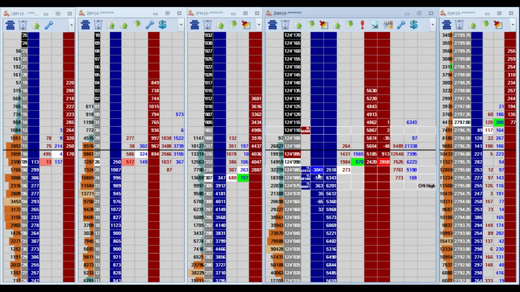There we go. Perfect. See how that just melted off? About 3,000 right there. 3,000 just came off that bid. And only 300 hit down into it.